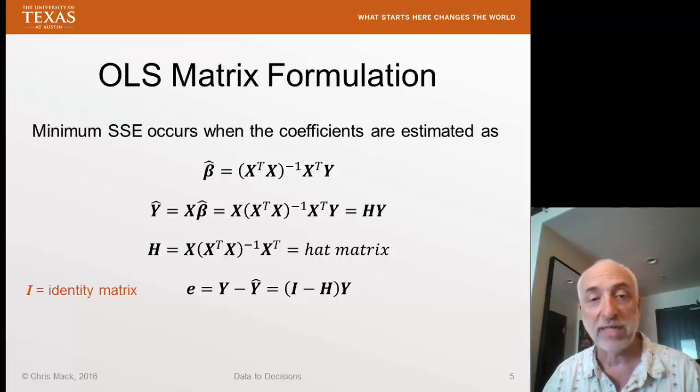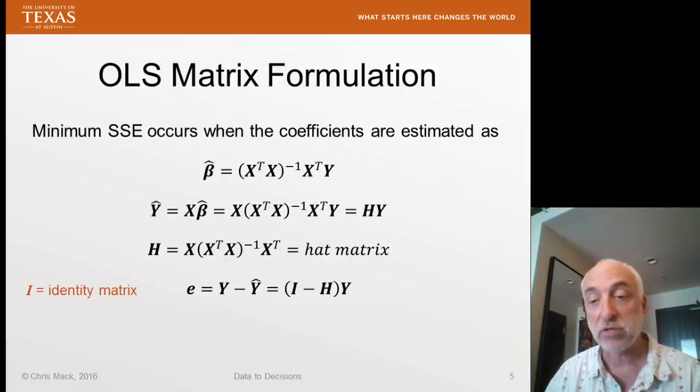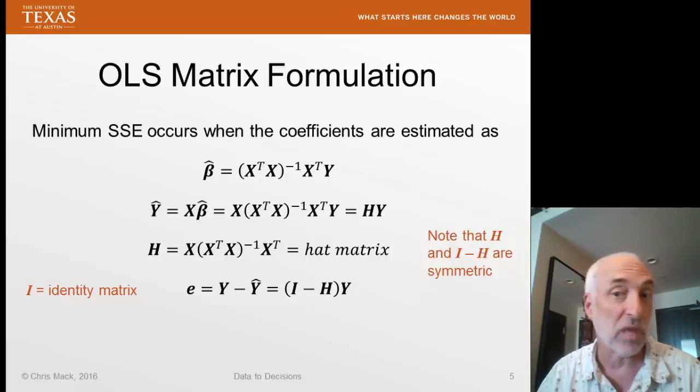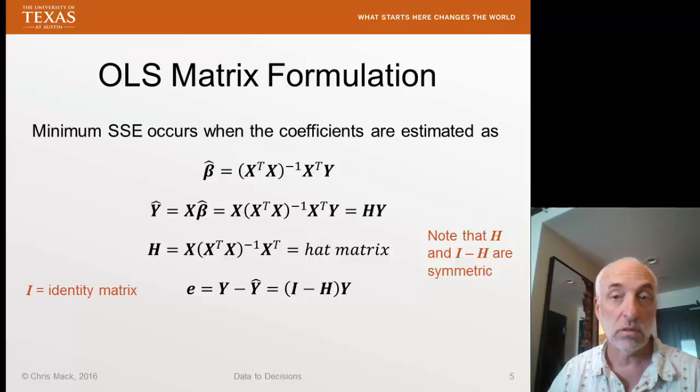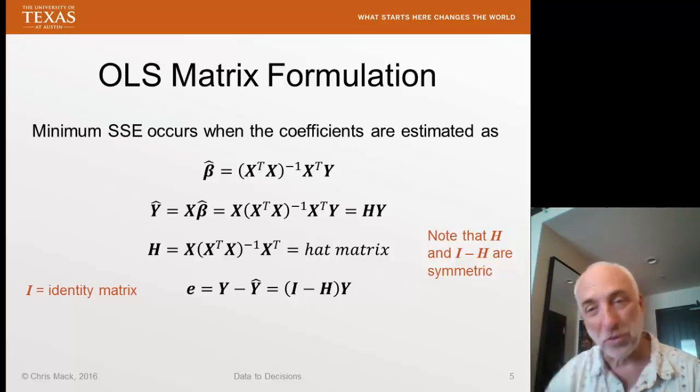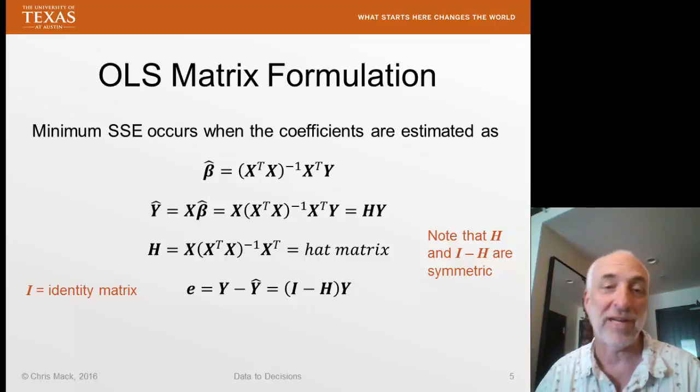Note that both the identity matrix and the hat matrix are square matrices, the same number of rows and columns, and they're also symmetric. Symmetric means that if you swap rows and columns, you get the same thing. The upper right-hand corner and the lower left-hand corner of the matrix are identical.